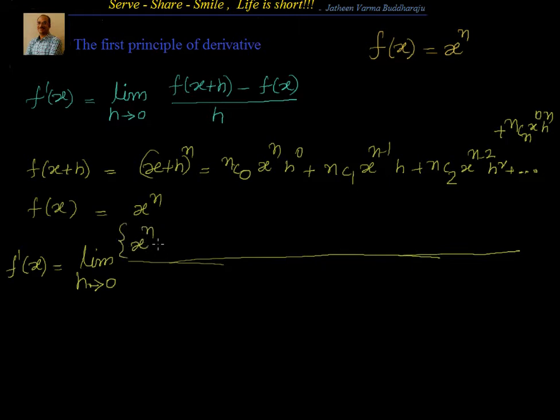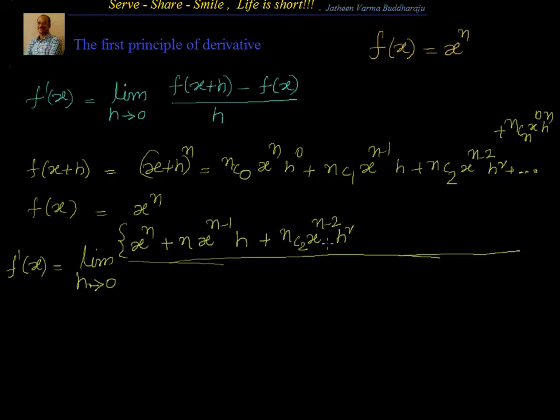I'll put it in flower brackets. Then I will have nC1 is n, you know that. X to the power of n minus 1 is x to the power of n minus 1. H to the power of 1 is h plus, if you see the remaining terms, all terms I have, I will just leave it there. I will not simplify them. I will just say nC2 x to the power of n minus 2 h square.